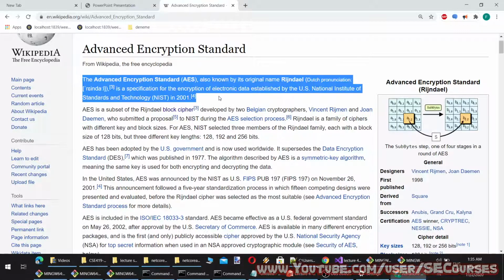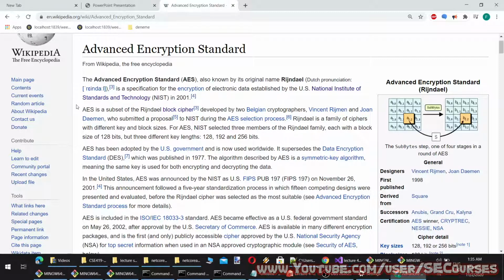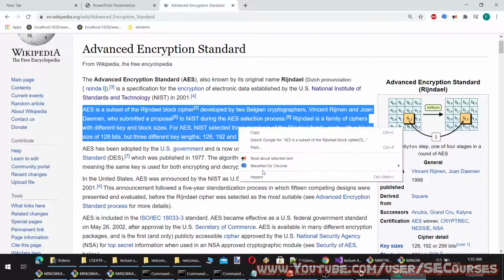Advanced Encryption Standard. The Advanced Encryption Standard (AES), also known by its original name Rijndael, is a specification for the encryption of electronic data established by the U.S. National Institute of Standards and Technology (NIST) in 2001.